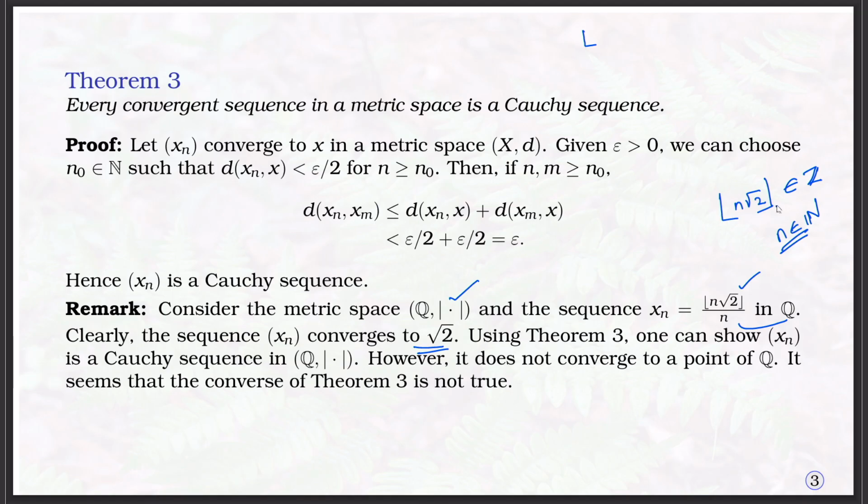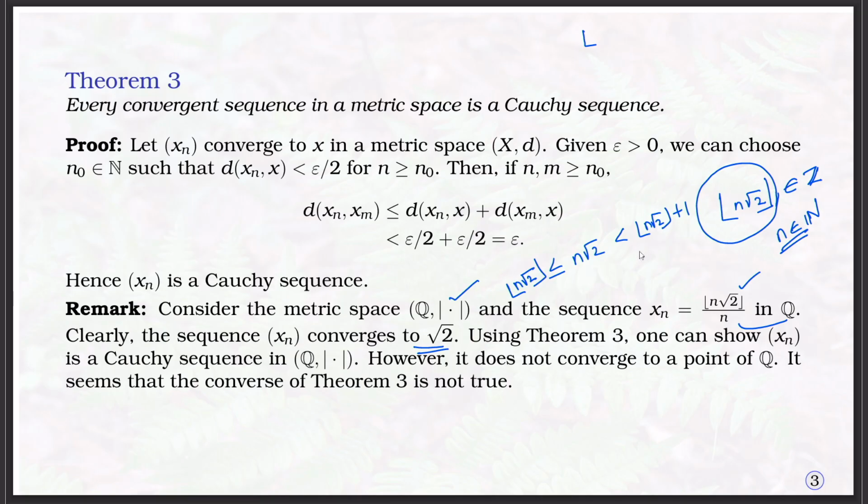Now, finding the floor function for this, one can get n root 2 less than floor of n root 2 plus 1, or greater than or equal to floor of n times root 2. It will satisfy this property.